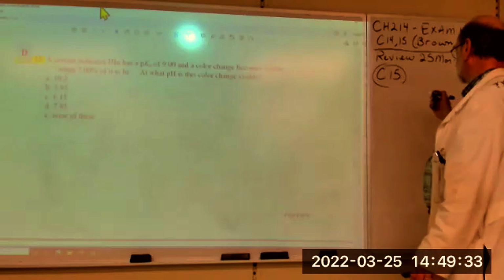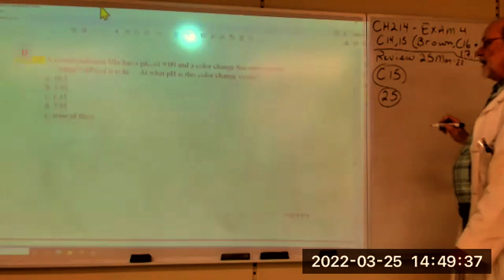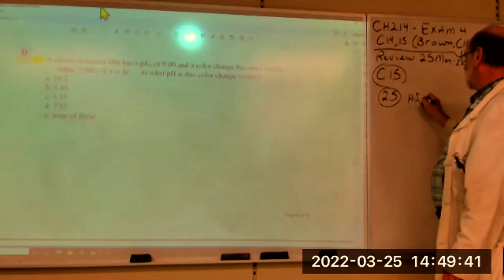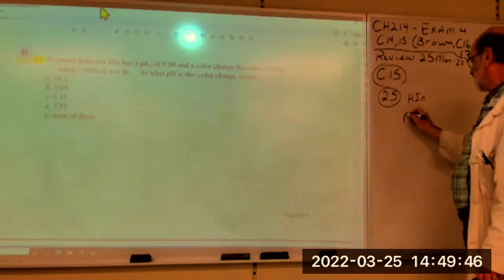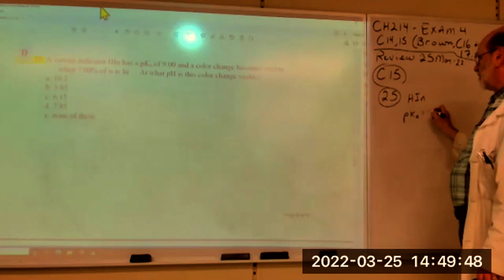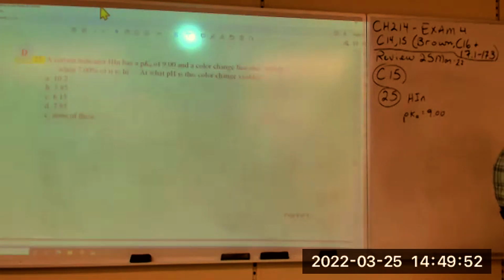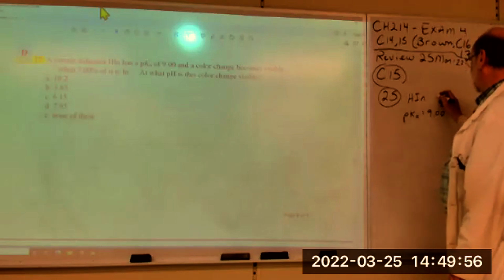25. A certain indicator, generic HIn, has a pKa of 9.00, and a color change becomes visible when 7% of it is In minus.